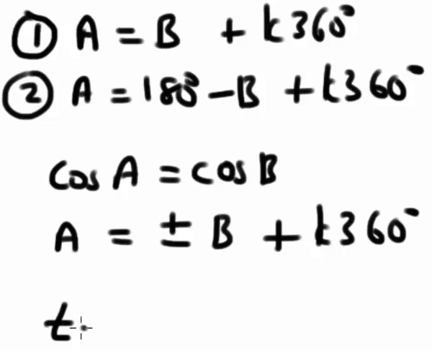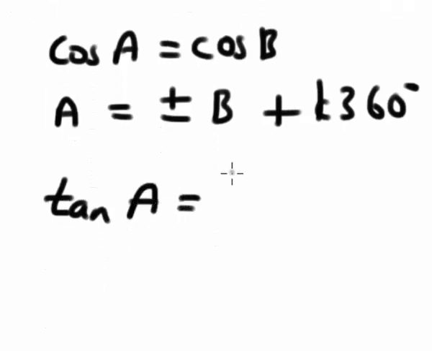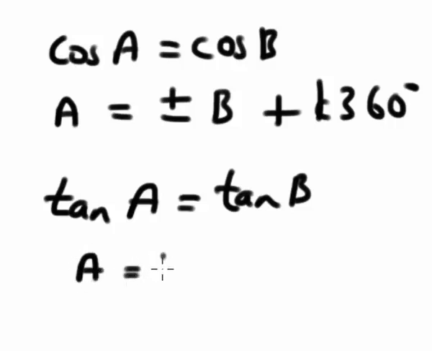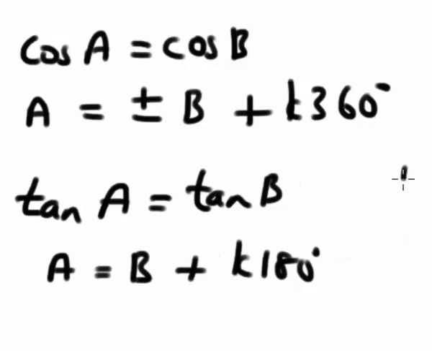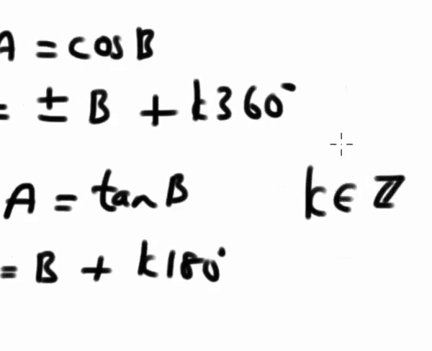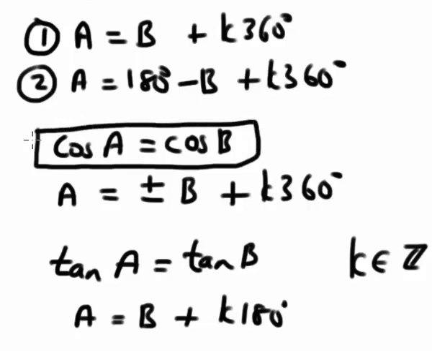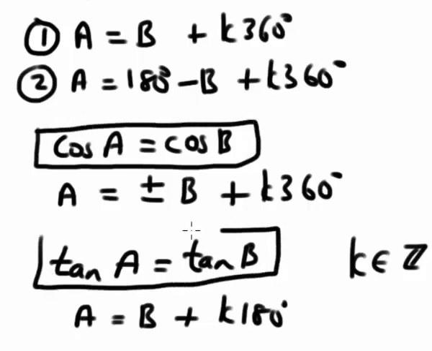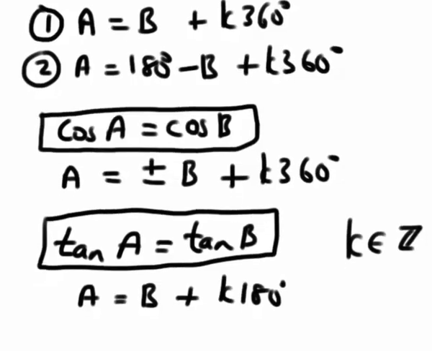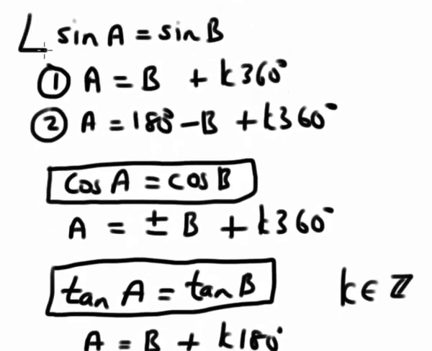And likewise with the tan, if tan A is equal to tan B, what you would do there is say A is equal to B plus k180, with k being an element of Z. So these are the main types: the one with cos, the one with tan, and the one with sine.